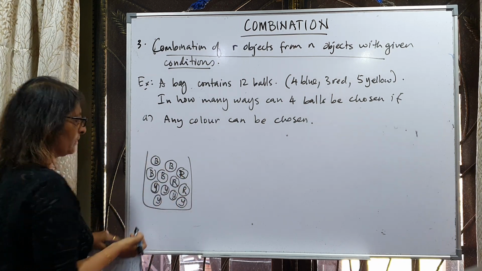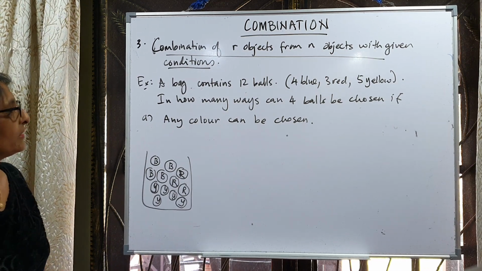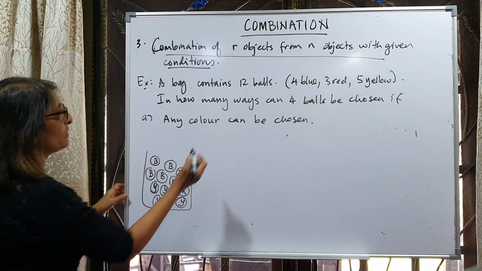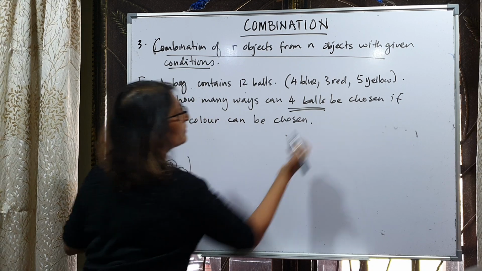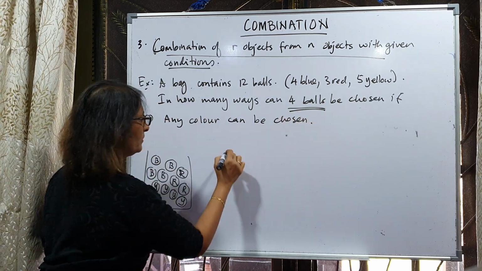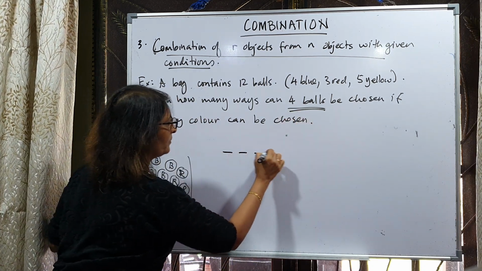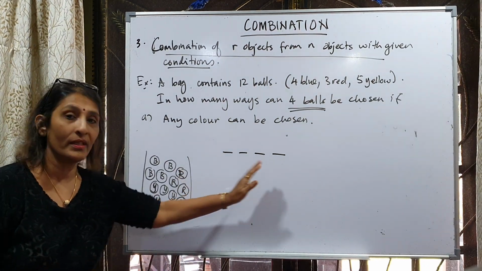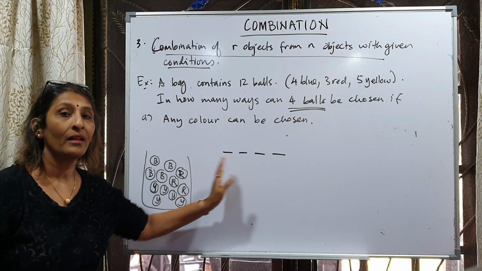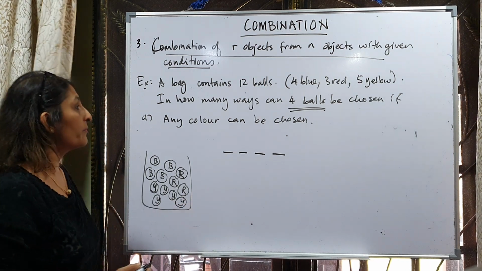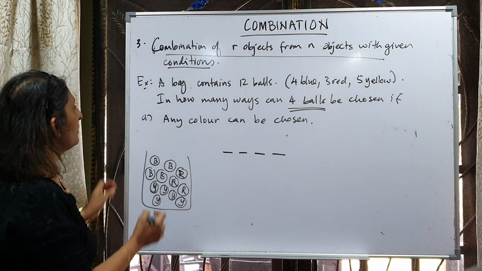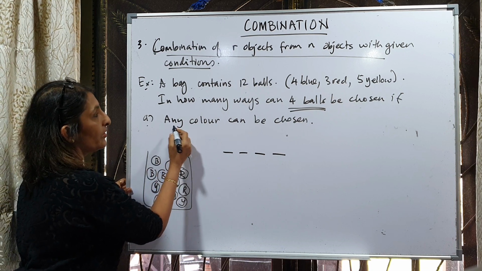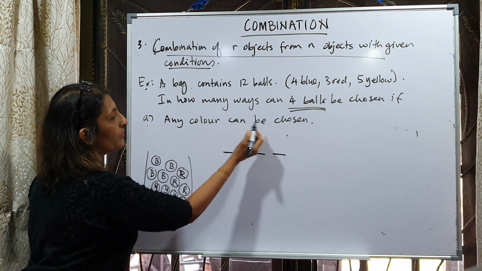Okay, so you have all this in a bag. And now we said how many different ways of choosing 4 balls. So when you see the word 4 balls, you just can use 4 dashes here. Put down 4 dashes. We are not arranging them in a row. It's just that we have a guideline. We are going to choose 4 balls. And for part A, the condition is any color can be chosen.